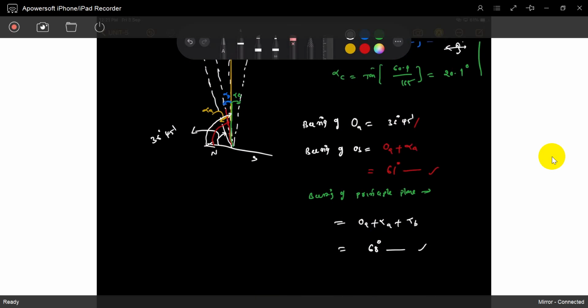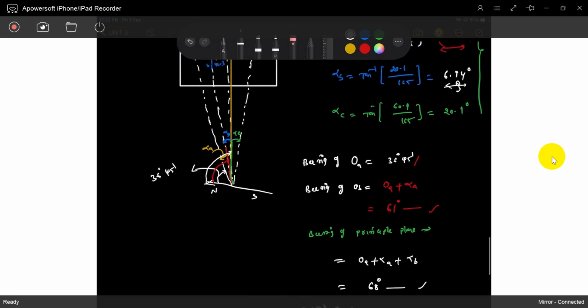Next, what is OC? The bearing of OC. How will you get it? The bearing of OB we already got. So this is the bearing of OC.